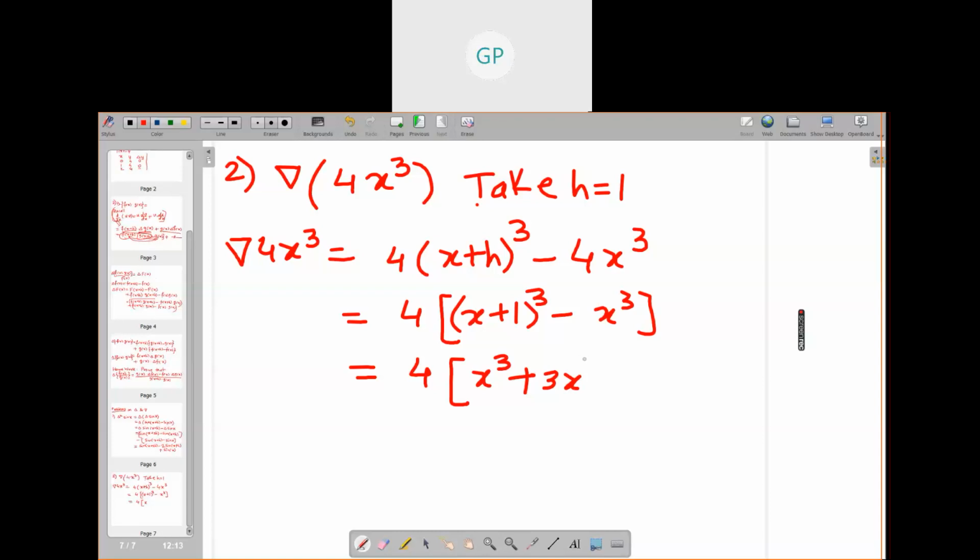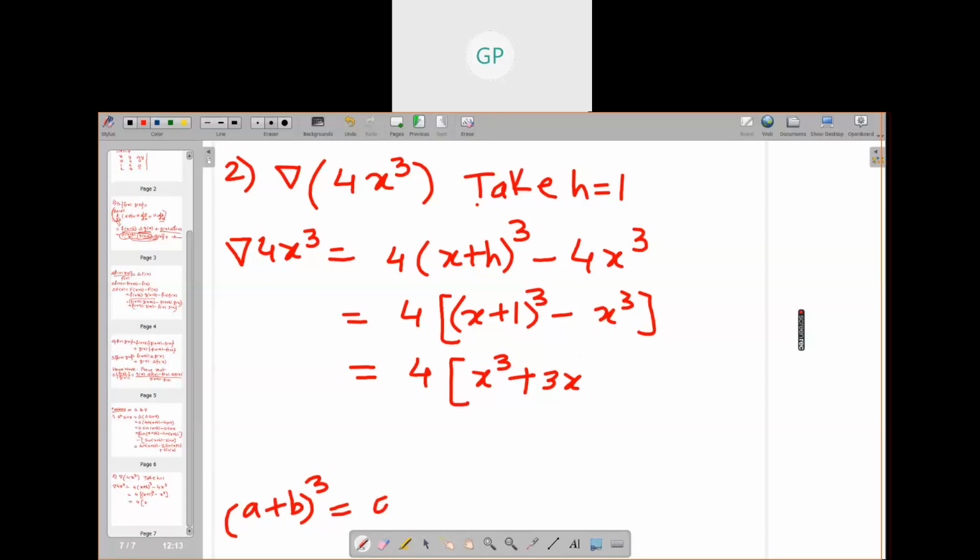Do you know what is a plus b cube, Gayatri? Ma'am, a cube plus 3ab plus b cube. That's it. Is it the formula? Here I am supposed to show you the formula, right?